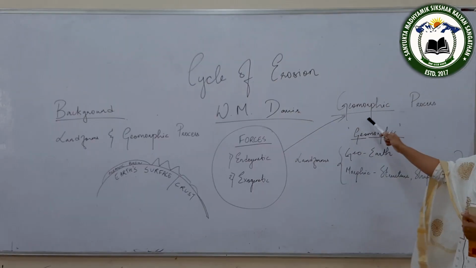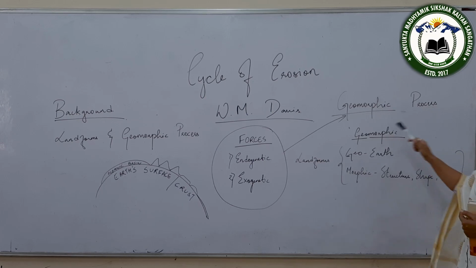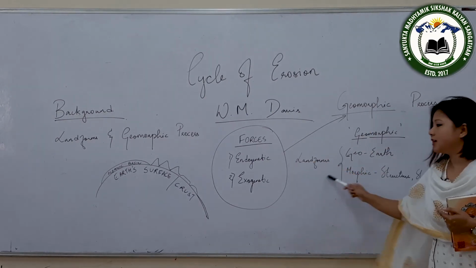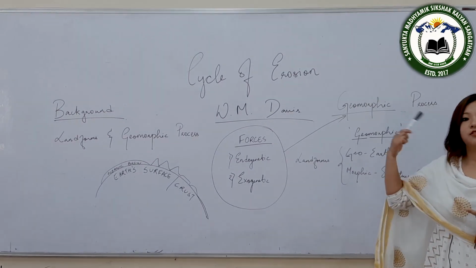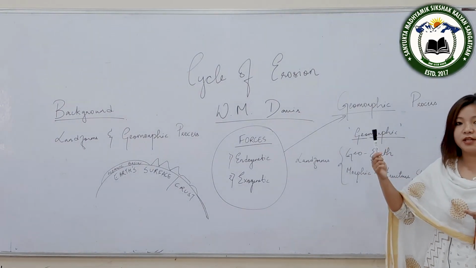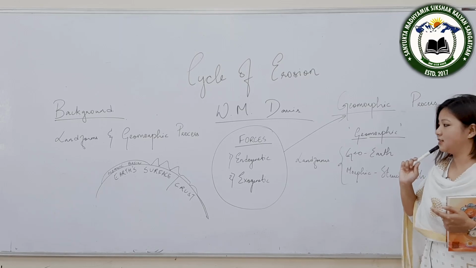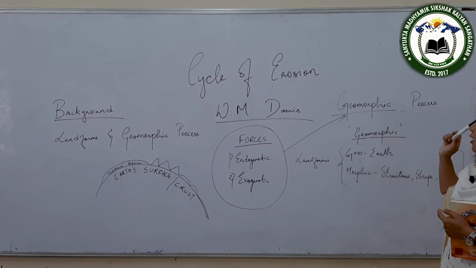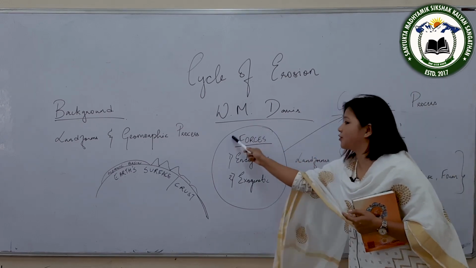Now, moving on to the geomorphic process, what does it mean? It means the process where the landforms get evolved, change over time, get destroyed and again are rejuvenated. To explain the geomorphic process, I would like to introduce the forces.